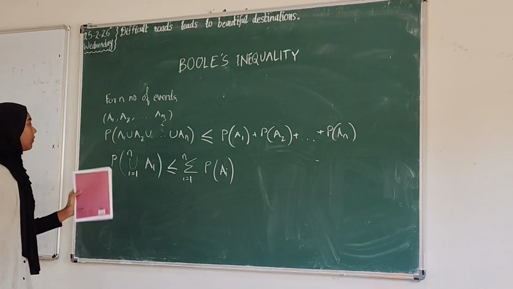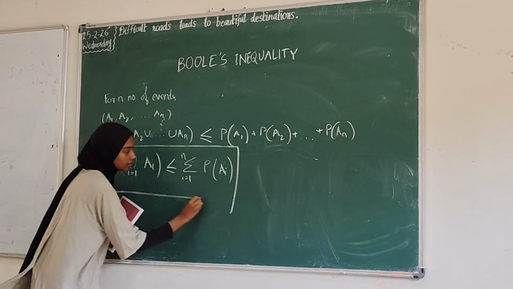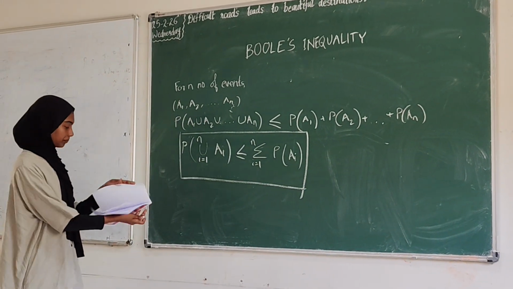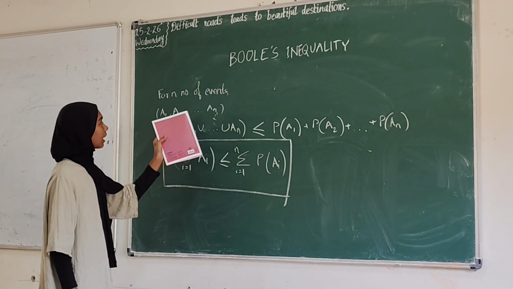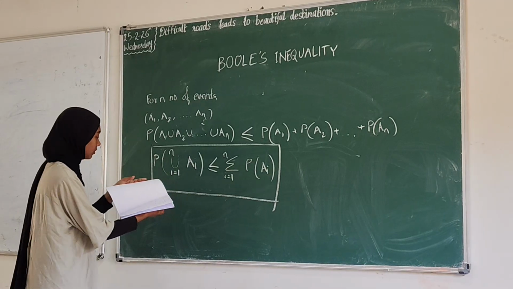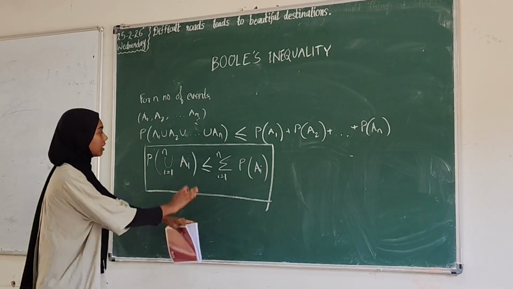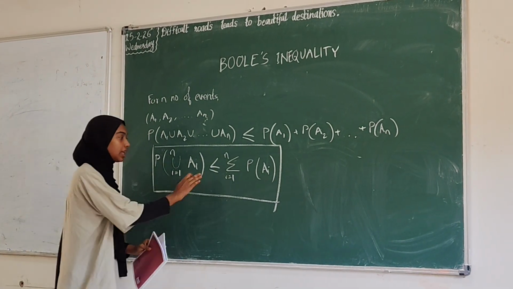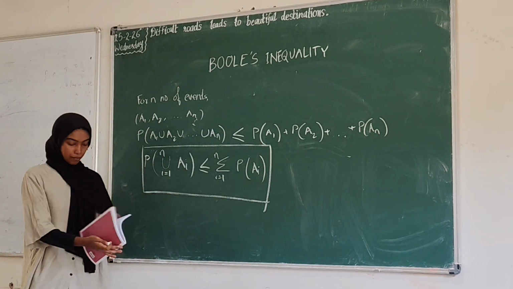So this is the first inequality he introduced. As I said, the inequality states that for a finite or countable set of events, the probability that at least one event occurs will be less than or equal to the sum of the individual probabilities of the events.